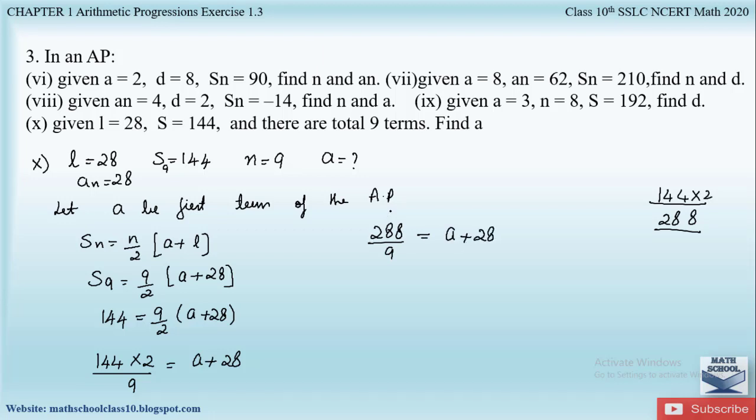Dividing by 9, 288 divided by 9 is 32. So 32 is equal to A plus 28, and if we send this 28 to the left hand side, we get 32 minus 28 is equal to A, so A is equal to 4. So this is our result.